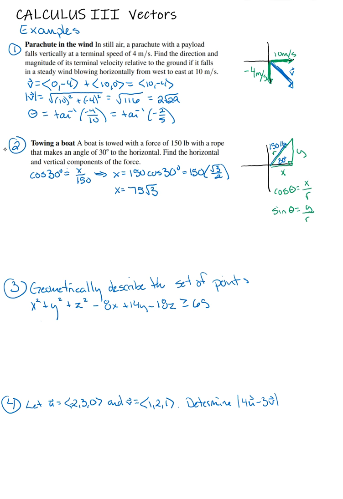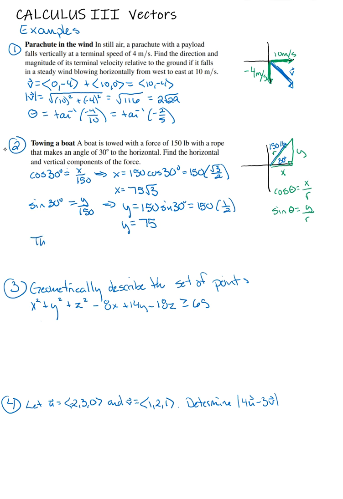That's the x value. Now for the y value, we know that the sine of 30 degrees is y over 150, which tells us that y is 150 times the sine of 30 degrees. We also know the sine of 30 degrees. Sine of 30 degrees is 1/2. So we can reduce this one as well, and we end up with y is 75.